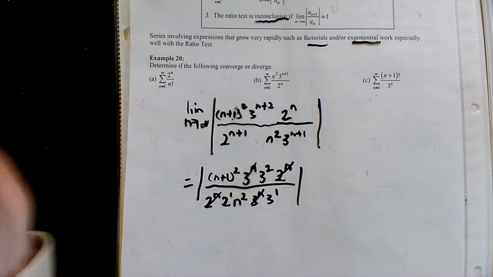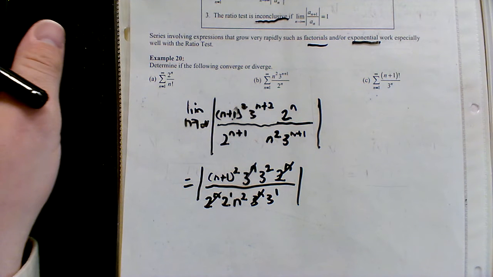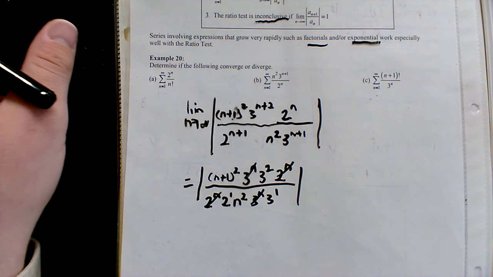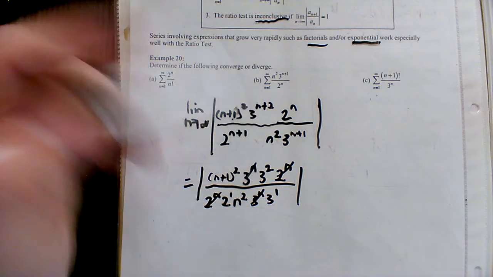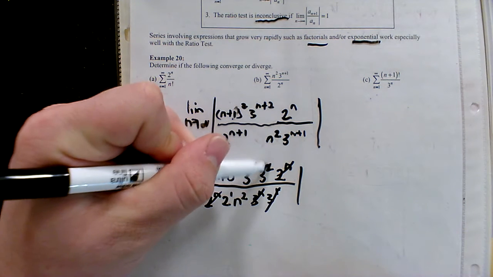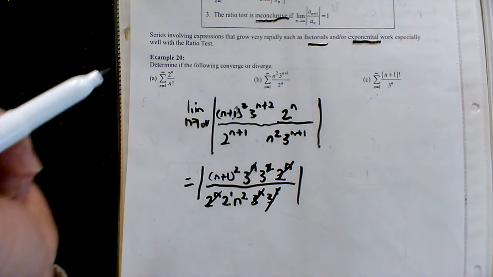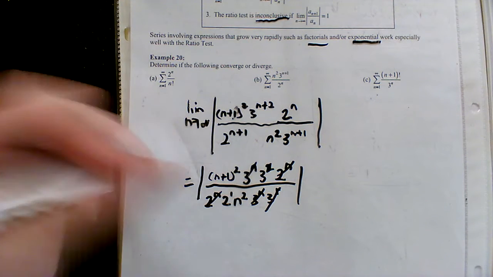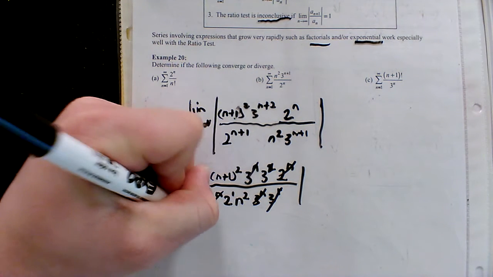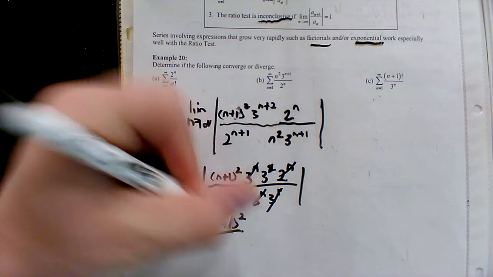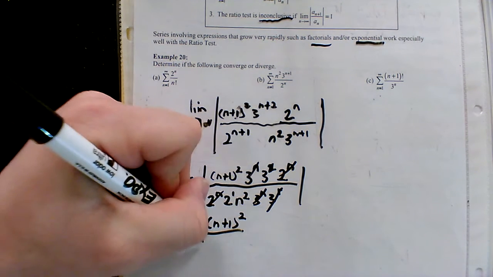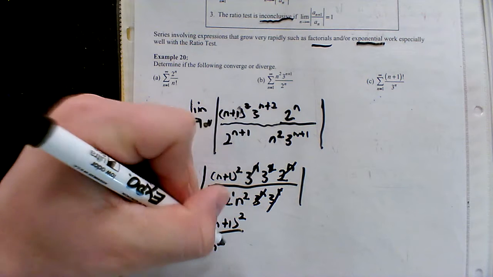What about 3 squared and 3 to the first? Yeah, it's going to cancel on the bottom and it'll leave me with one 3 on the top. So I get 3 times n plus 1 squared. On the bottom I'm left with 2n squared.